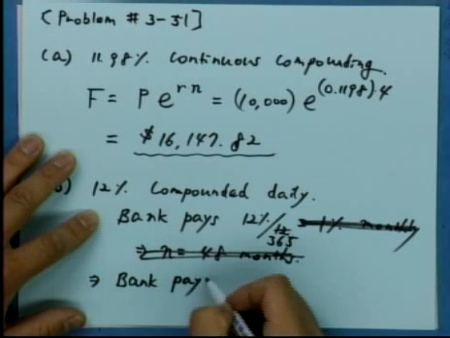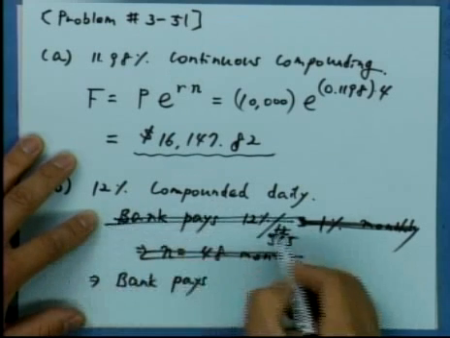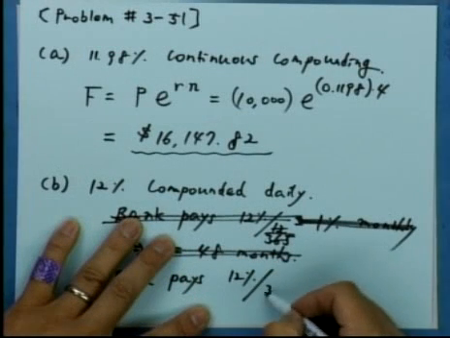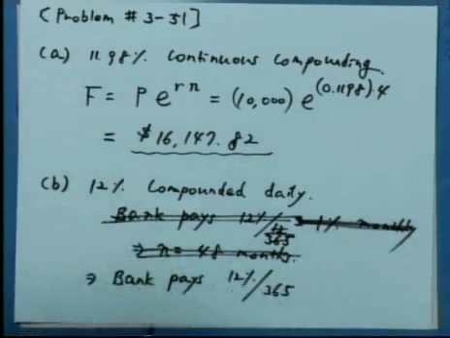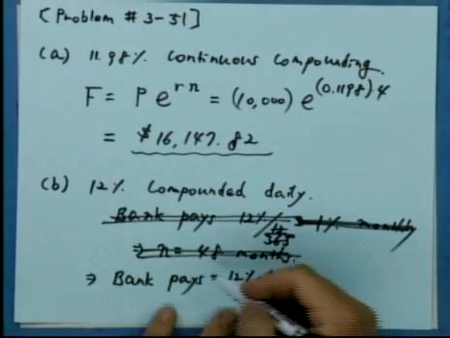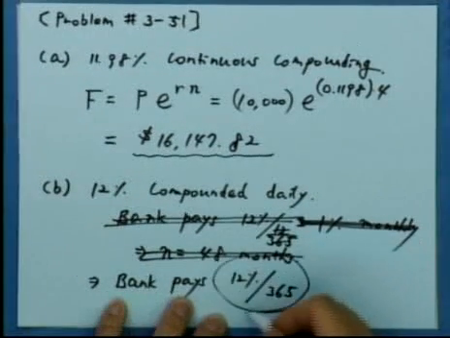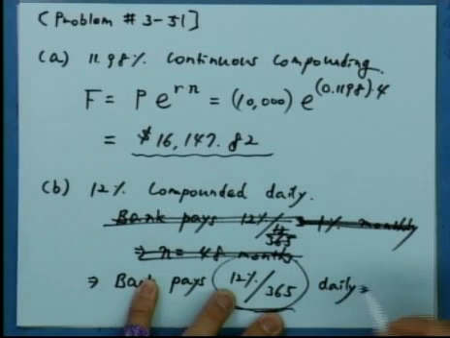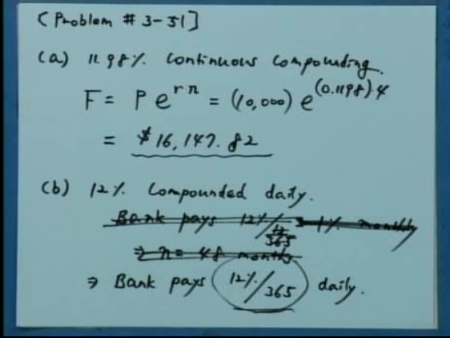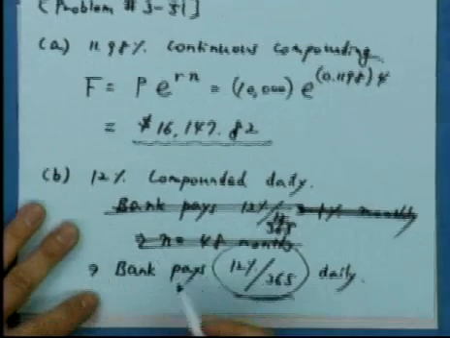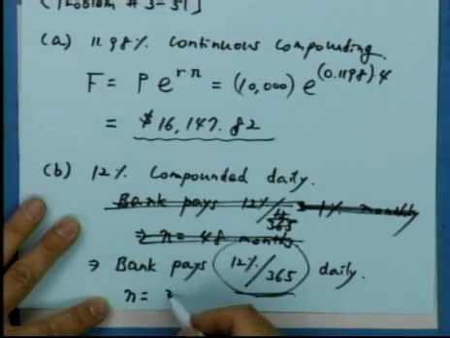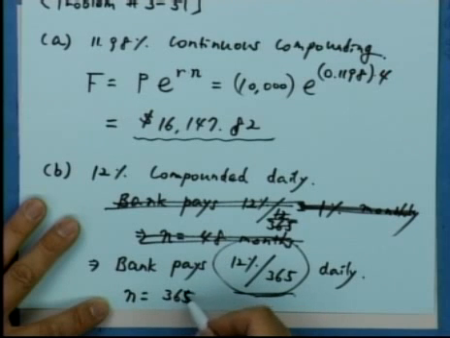Bank pays 12% divided by 365 days, right? So bank pays this interest rate daily, okay? And in that case, N would be 365 times 4. Okay?